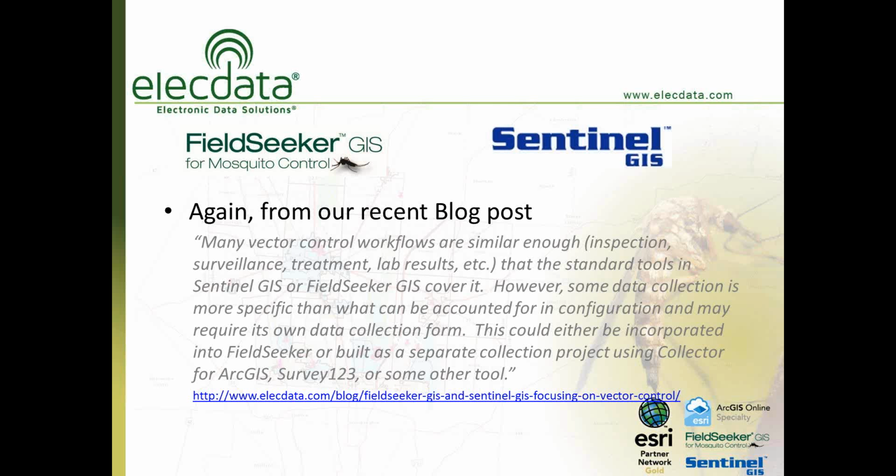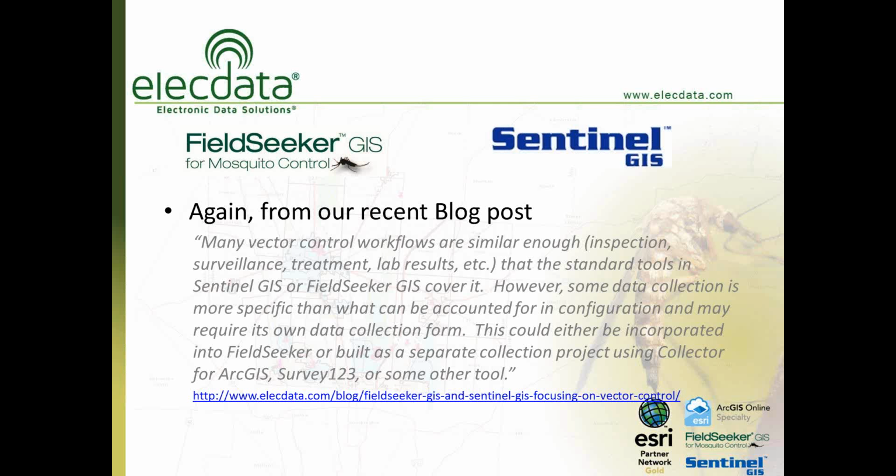However, some data collection is more specific than what can be accounted for in configuration, and may require its own data collection form. This could either be incorporated into FieldSeeker or Sentinel GIS, or built as a separate collection project using Collector for ArcGIS, Survey 123, or some other tool.